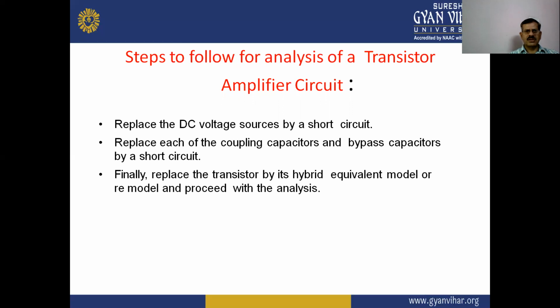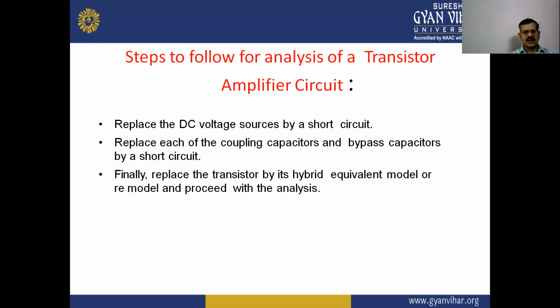So some steps to follow for analysis of a transistor amplifier circuit. First, replace the DC voltage source by a short circuit. Second point is replace each of the coupling capacitors and bypass capacitors by a short circuit.